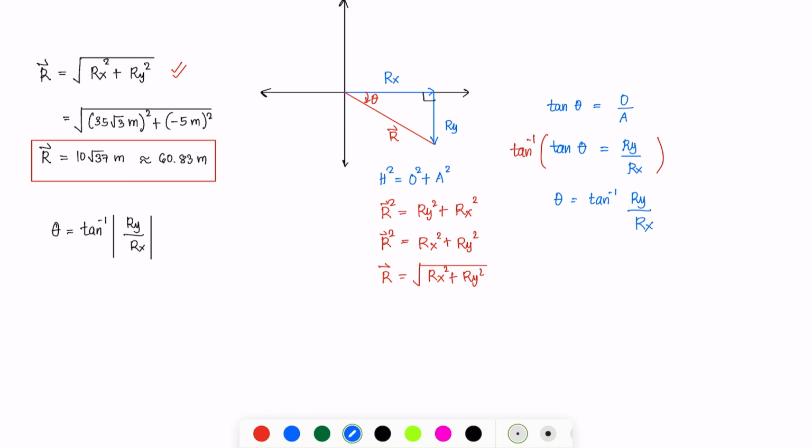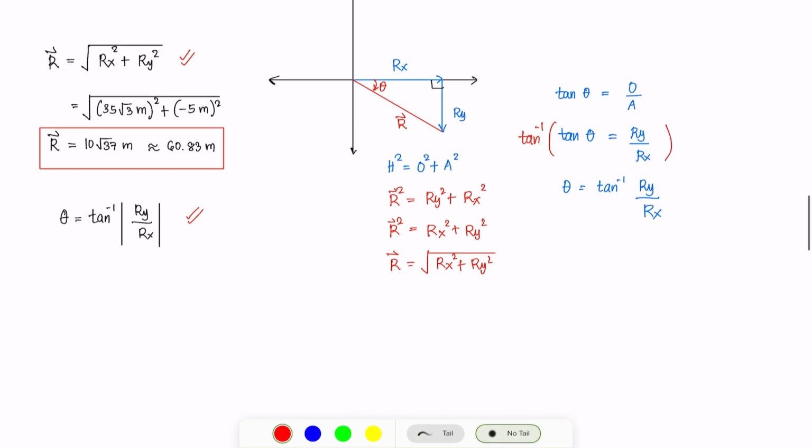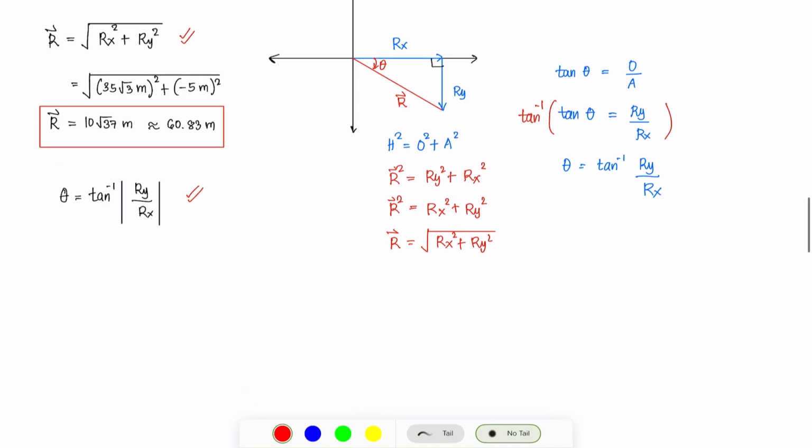So that is why for every calculation of the resultant vector's direction, or theta, you end up using this one, and the explanation is found over here. You simply have to familiarize or memorize this part here, and I'm hoping you can explain why we use that one.